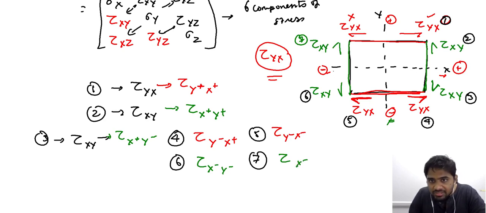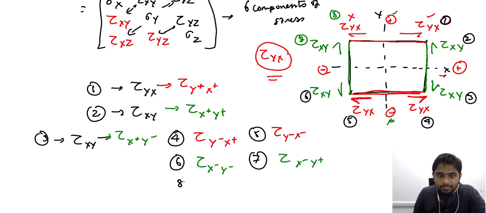These two stresses are acting on the same plane, but here the direction is along the positive y, so therefore y plus. And finally the 8th stress is again acting on the positive y plane, so y plus, but the direction of x is negative. It is acting in the negative x direction.